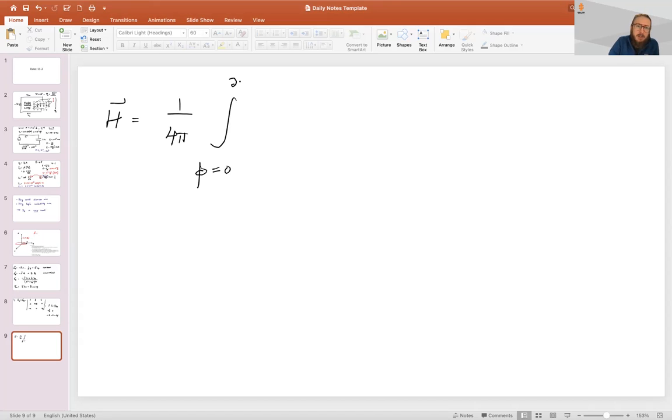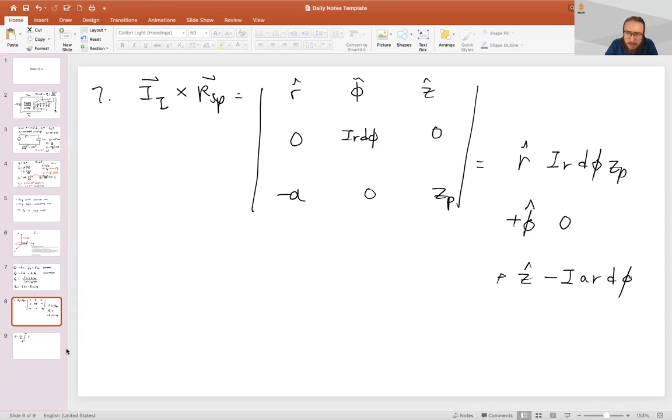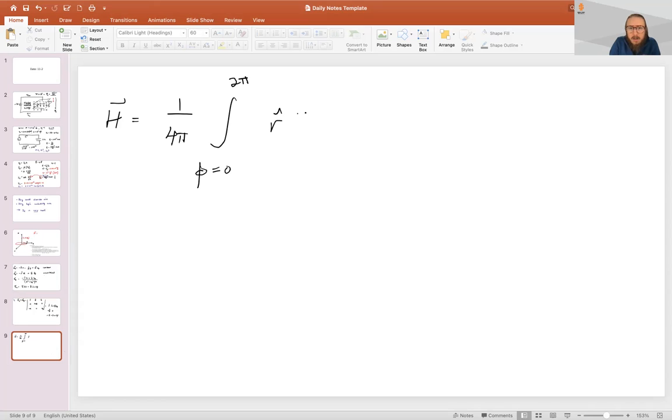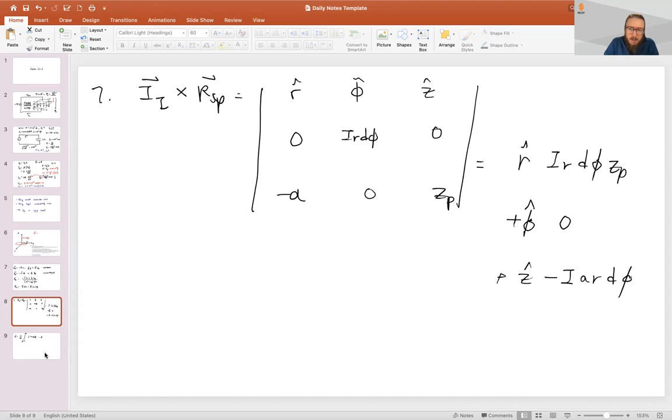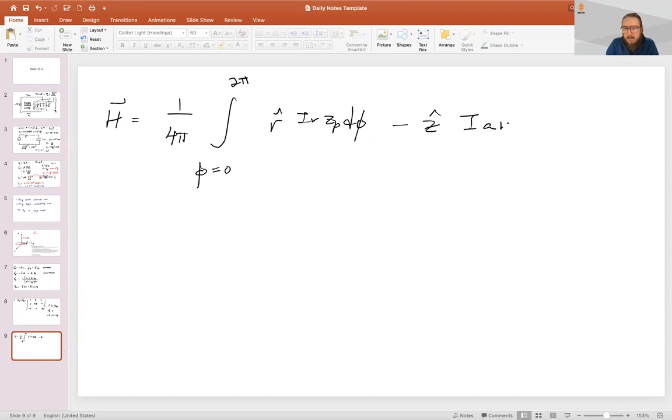We're going to integrate from the start of the current to the end of the current. And we had, okay, does anyone see anything wrong with what we're about to do here?